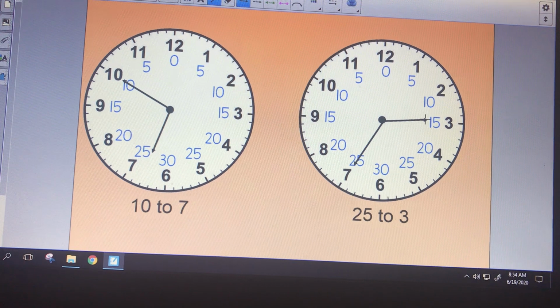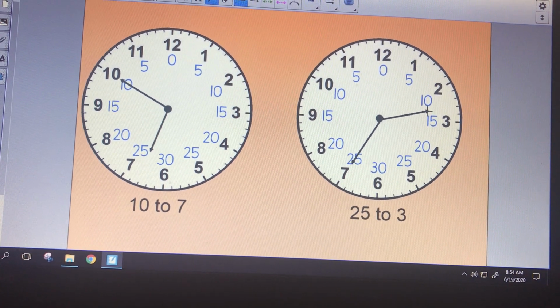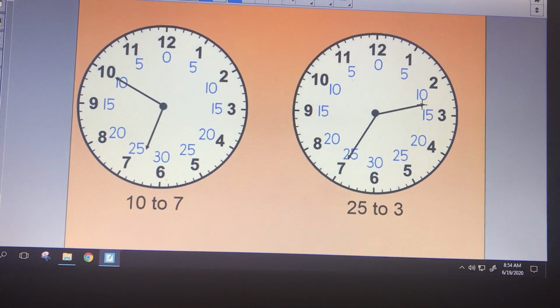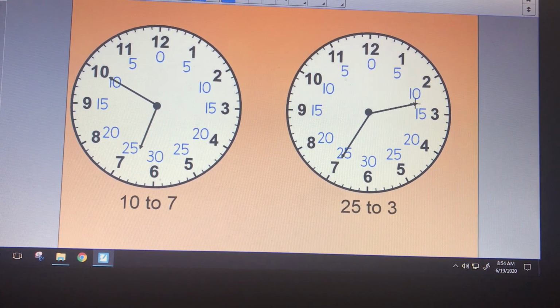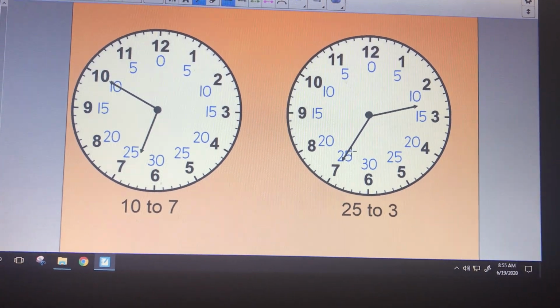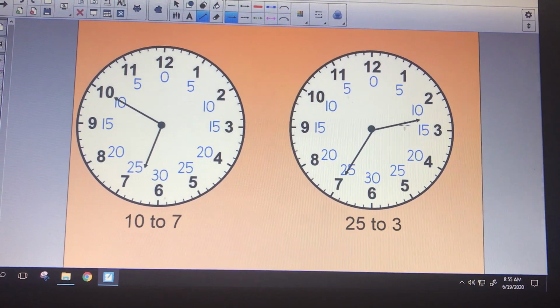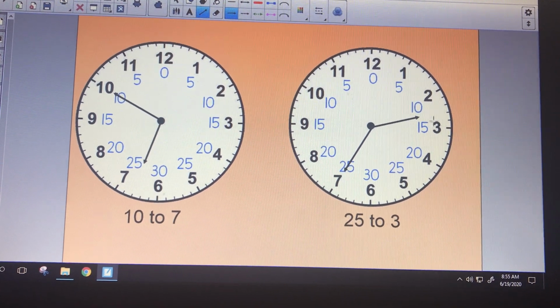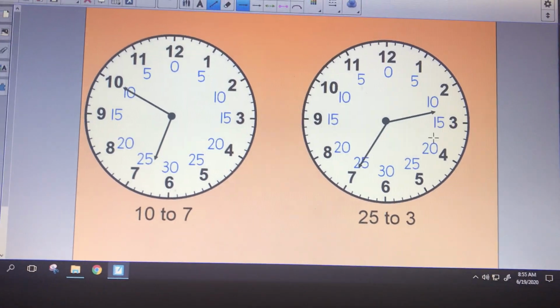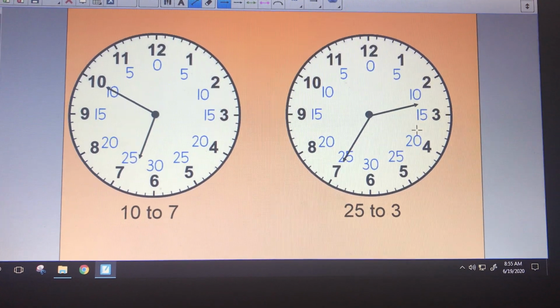We are coming up to the 3rd hour. So I'm going to place my hour hand about halfway between the 2 and the 3 because we've just gone past the 2:30. So the hour hand going between the 2 and the 3 shows it is 25 minutes until we're going to be getting to 3 o'clock.